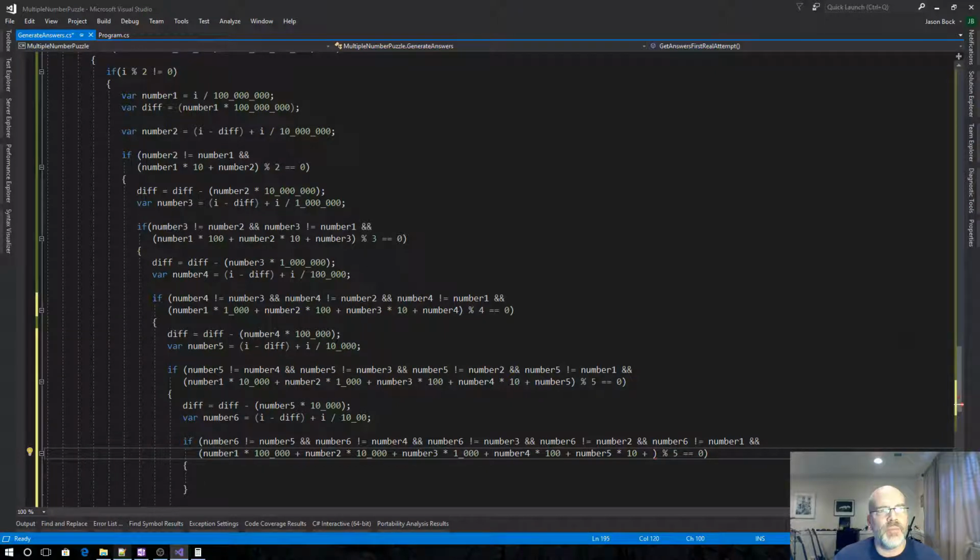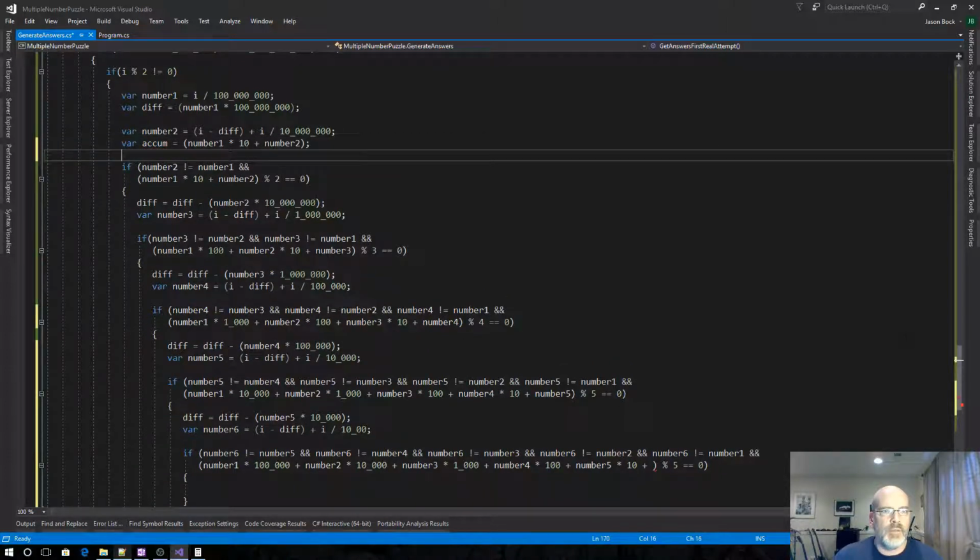Could you just increase that by 10 all the time? Like say, and var cum is equal to that.